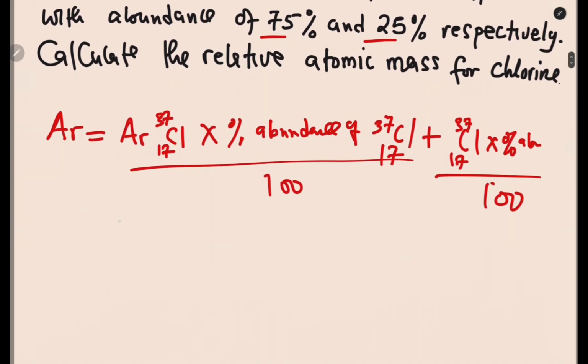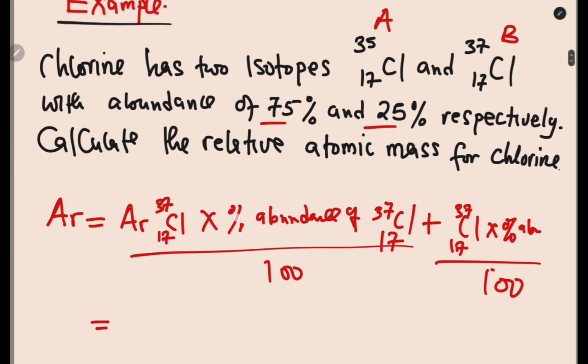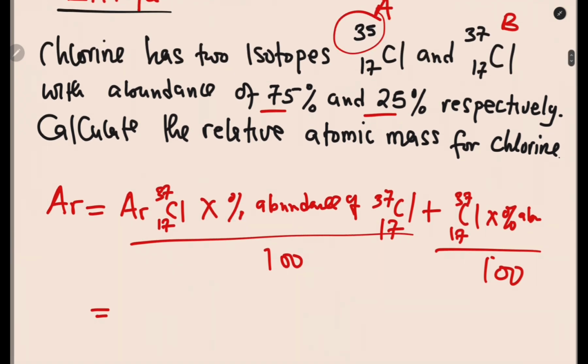Now where it comes to replacing, the relative atomic mass of chlorine 35 is just 35, so you say 35 multiplied by the abundance. They are saying here 75, so the first one goes to this one as there is 'respectively' here.